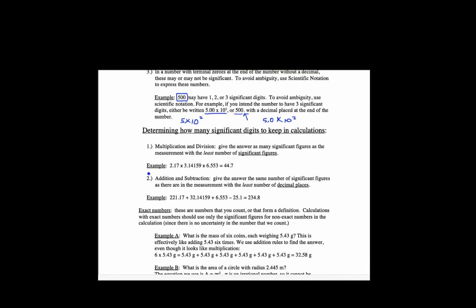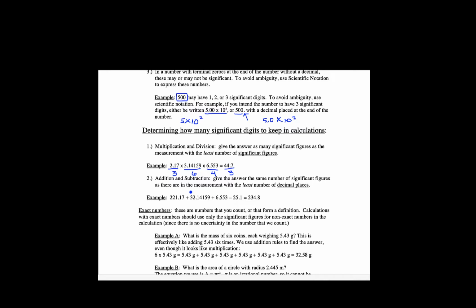This is the one where you look at all of your numbers that are being multiplied together, and in your final answer, you just keep the smallest number of significant digits in any of these individual numbers. So for example here, my first number has 3 significant digits, my second one has 6, and my third one has 4. So my final answer, I'm going to keep 3 significant digits and round everything else off.